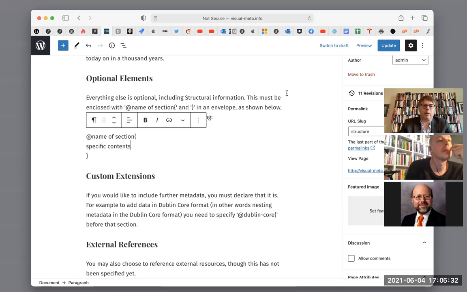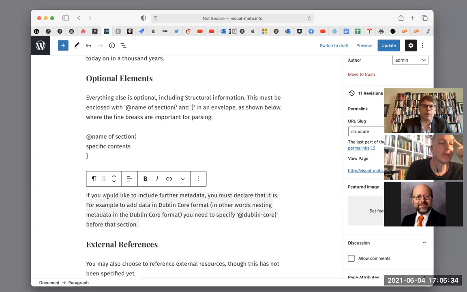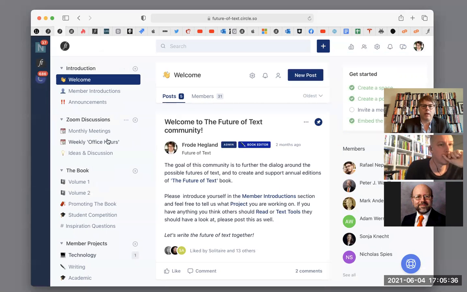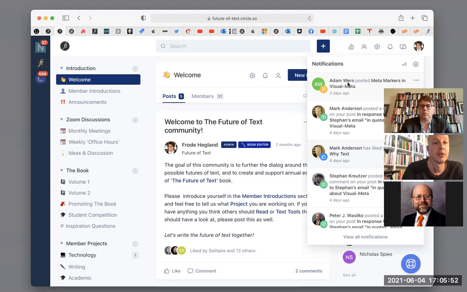Even if, let's say you disagree with something here, you copy that, you go to our community here, and then under discussion, you paste it. Yeah. And then you refer to it, because that means we keep that dialogue of why we disagree. That's really crucial. Because we have quite a few bits, both in terms of syntax and what's reasonable to have in the visual meta.